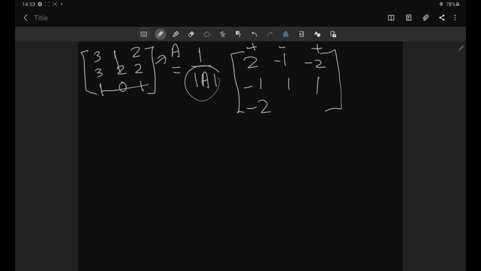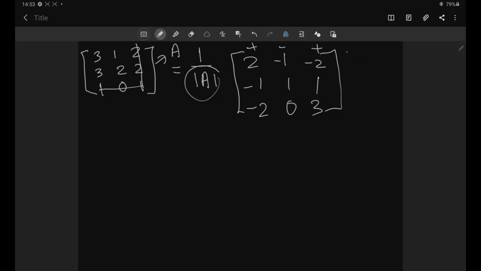Third row, the second column: 3 times 2, 6. 6 minus 6, 0. And then the third row and the third column: 3 times 2, 6 minus 1 times 3, 3. 6 minus 3 equal to 3.